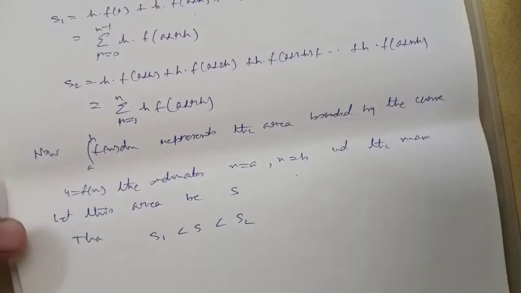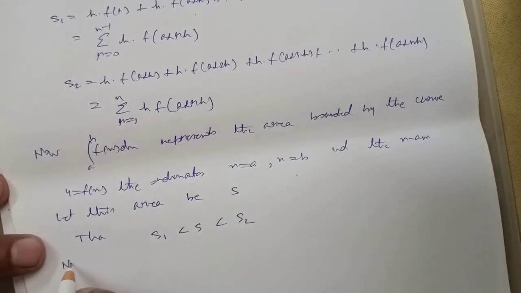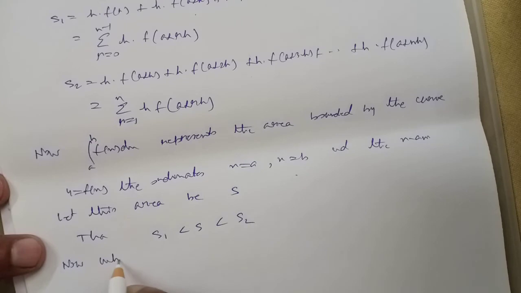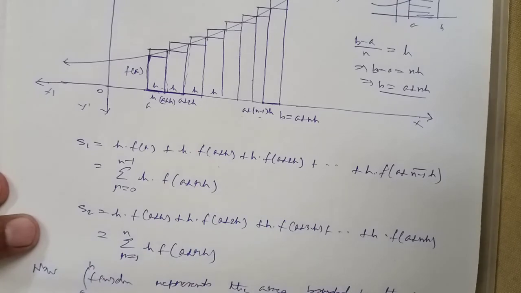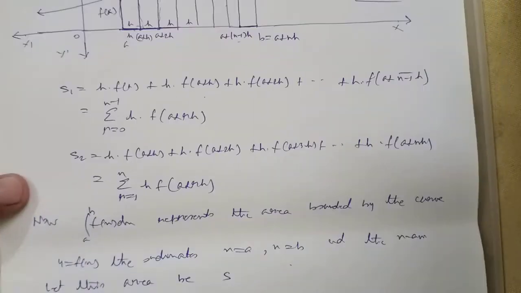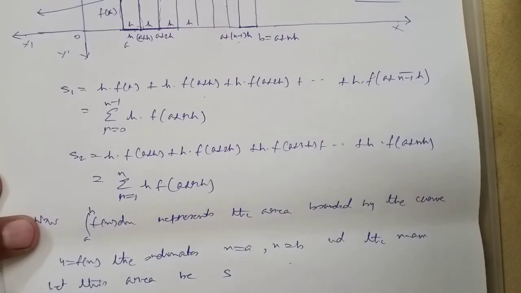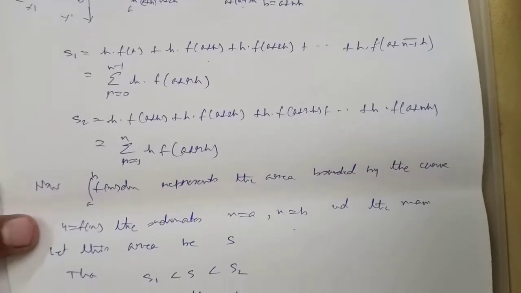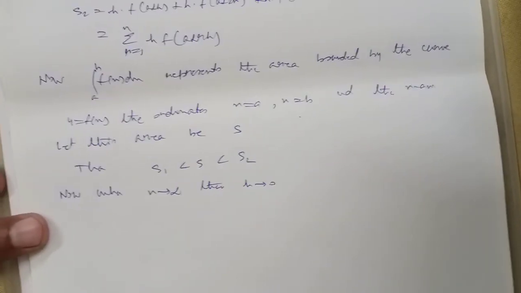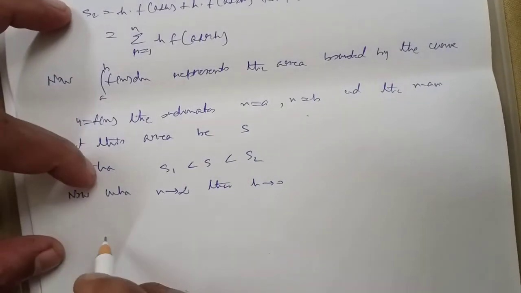Okay. Now when n tends to infinity, that is, I am dividing the interval a to b into infinite parts, then obviously the length of each part will tend to 0. So h tends to 0.